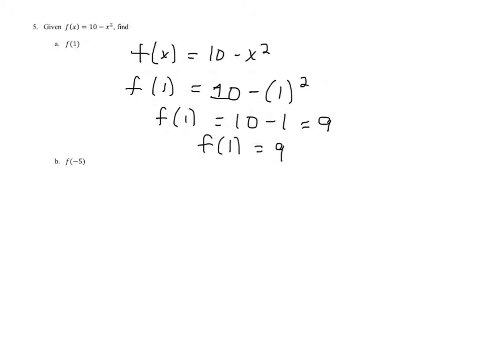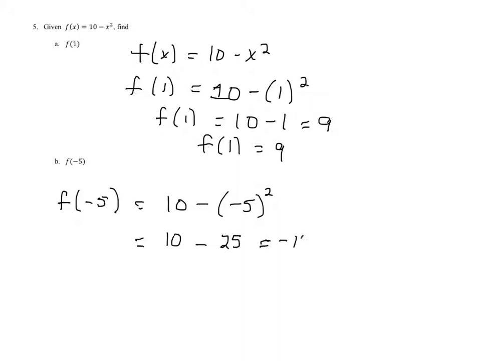And last but not least, f of negative 5. It's not as important to put the parentheses with positive numbers because you can't mess up as much, but with negatives you can totally mess up. So this is 10 take away 25, because negative 5 squared is 25, so it's negative 15. So f of negative 5 equals negative 15.